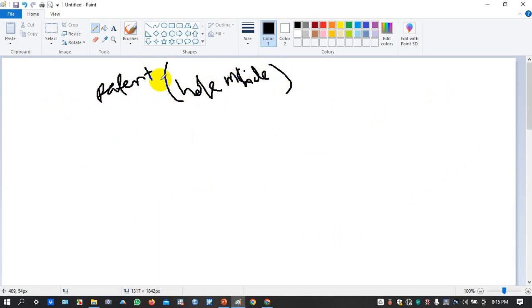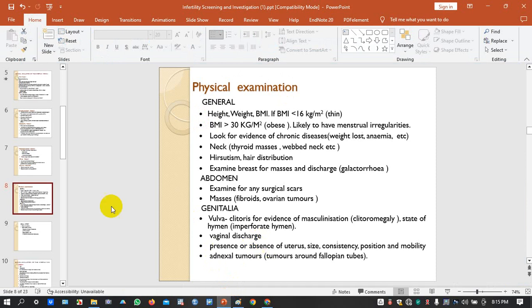So is there a pathway through the fallopian tube, or is it blocked? Patent means that it's not blocked. Okay, so you can see all this.